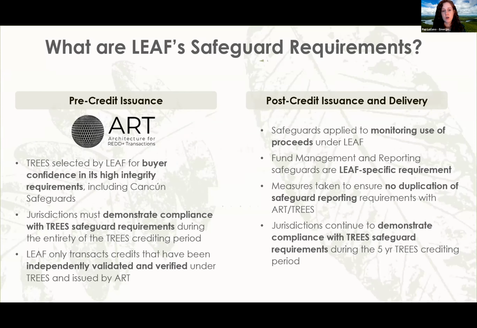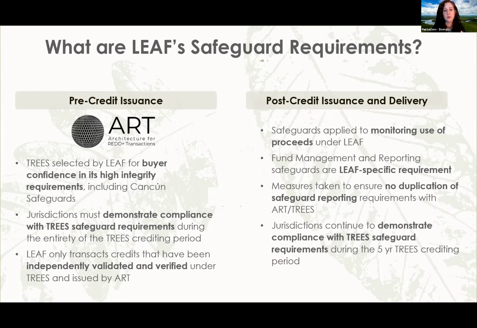However, once the funds are transferred, there are safeguards that apply to monitoring the use of proceeds under LEAF. So those fund management reporting safeguards are a LEAF specific requirement, and we take measures to ensure that there's no duplication of safeguards reporting requirements with ART TREES. We recognize there can be some overlap, but we want to make sure that efforts are complementary and not duplicative.